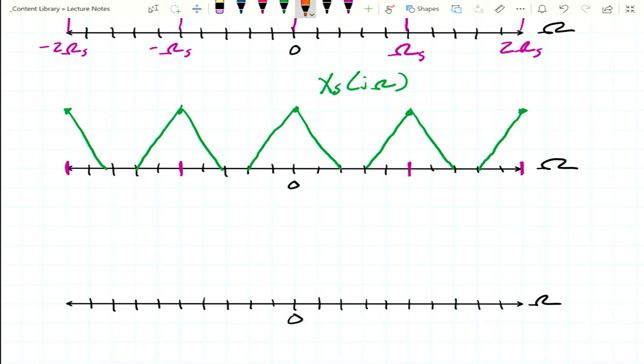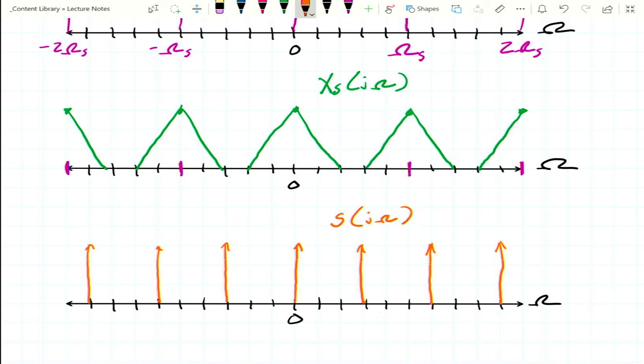Let's say now that I'm going to do my omega sub s every, I don't know, every third. So I've shrunk down my sample frequency. I've made it smaller. It's going to look like that. Here's our new S of j omega.